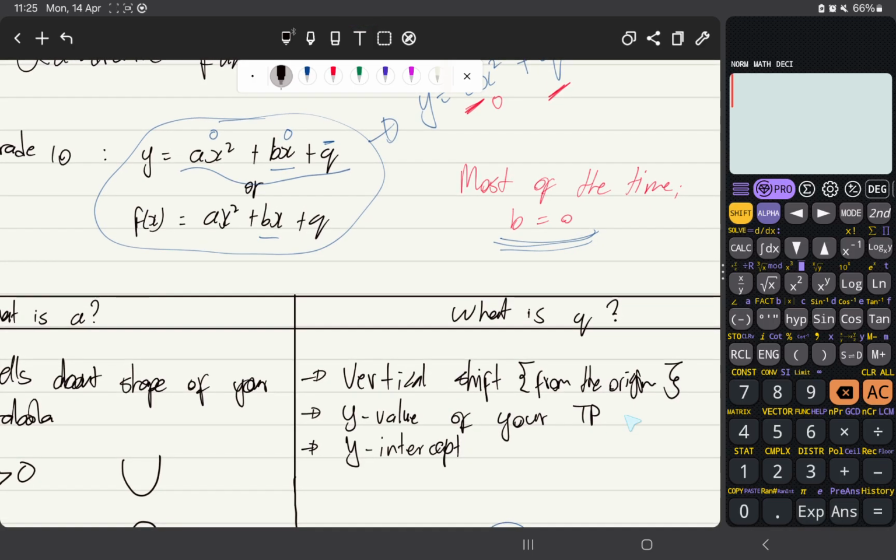So you see this thing, your q is the y value of the turning point. And this point is very important. Now this is me giving you a little bit of what's in grade 11. When we start doing grade 11 forms, there are certain times when these two things will mean the same thing, and there are certain times when they will mean different things.